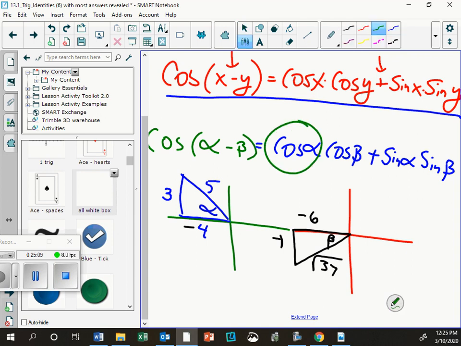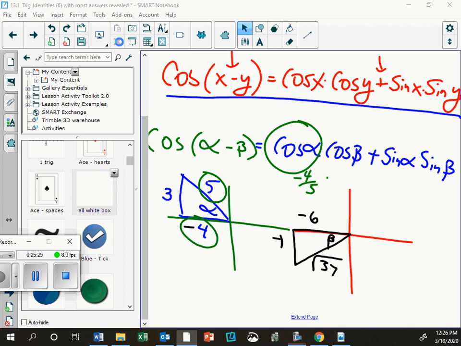How am I supposed to know what cosine alpha is? Look right here. Cosine alpha is adjacent over hypotenuse. It's negative 4/5. Find the other three. Put it all together. You'll have your answer.